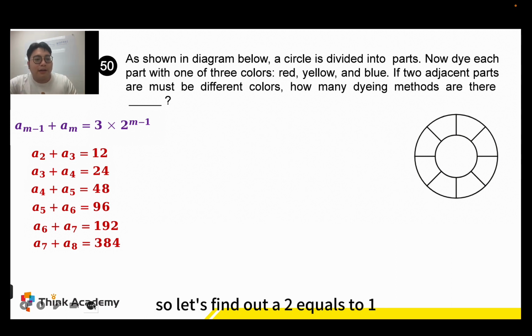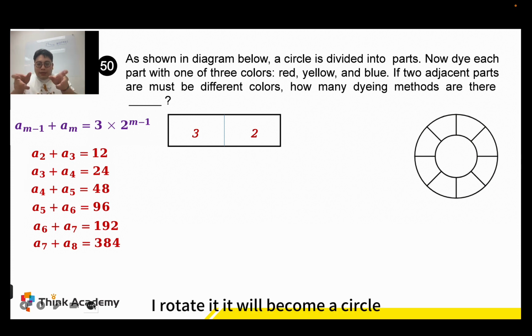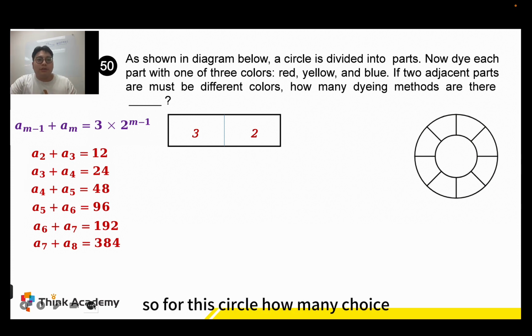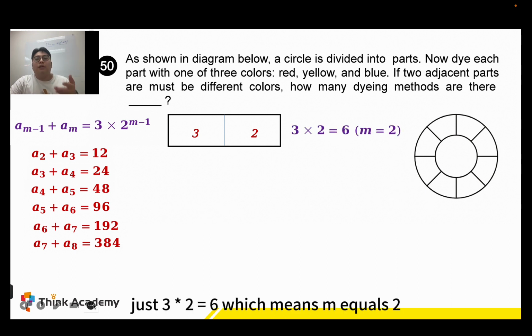So let's find out what A2 equals. This is a rectangle separated into 2 parts, and these 2 parts are different colors, right? So 3 and 2, and if I rotate it, it becomes a circle. For this circle, how many choices? Just 3 times 2 equals 6, which means m equals 2.